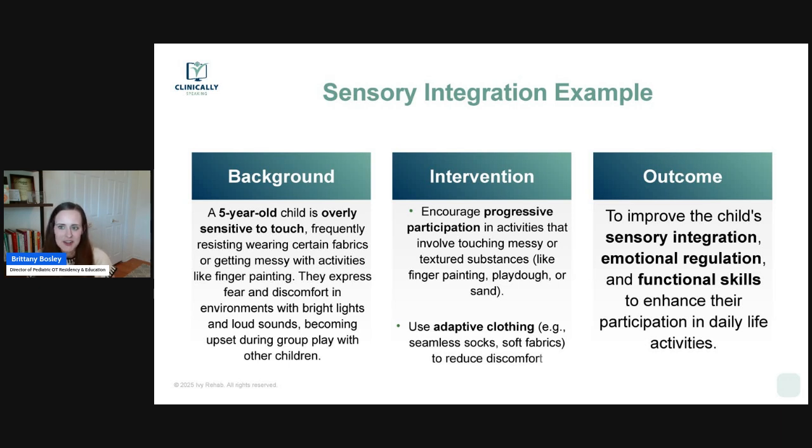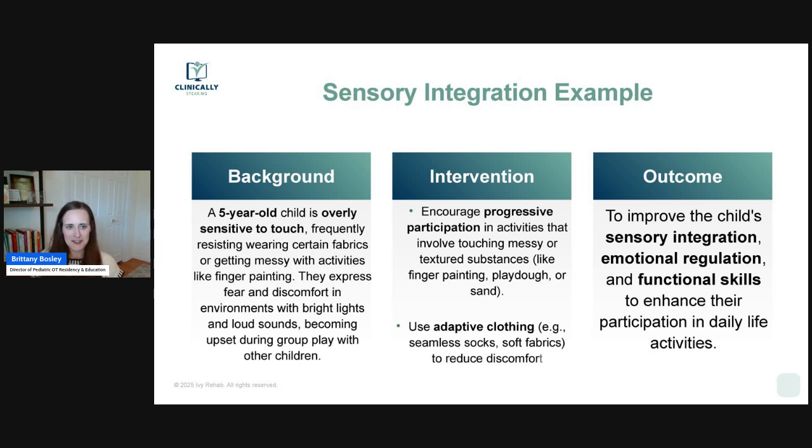They express fear and discomfort in environments with bright lights and loud sounds, becoming upset during group play with other children. You see this child in an evaluation, and the parent or guardian is telling you these things.